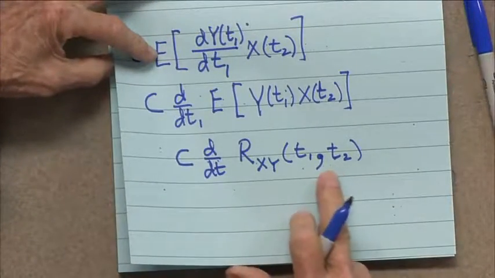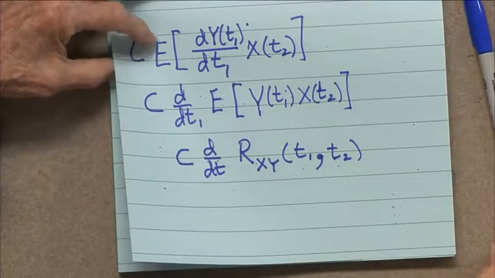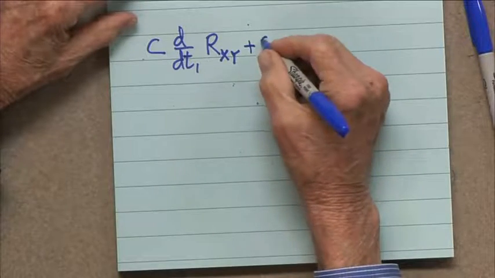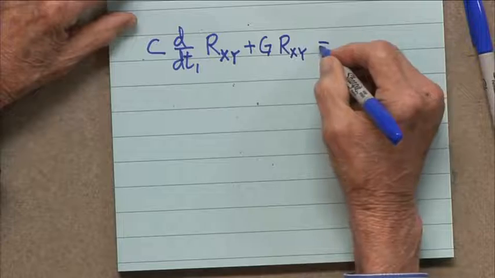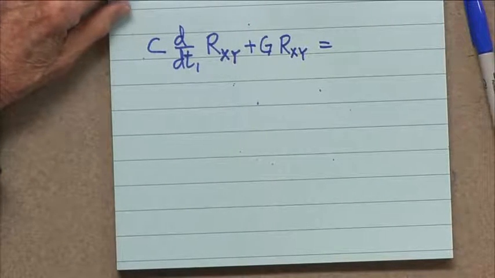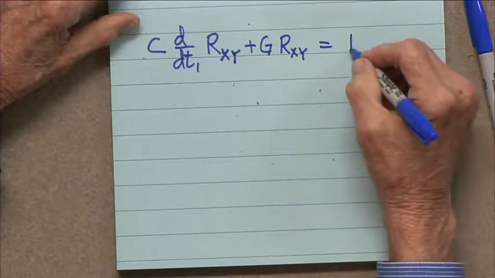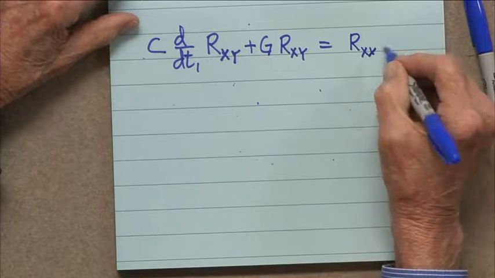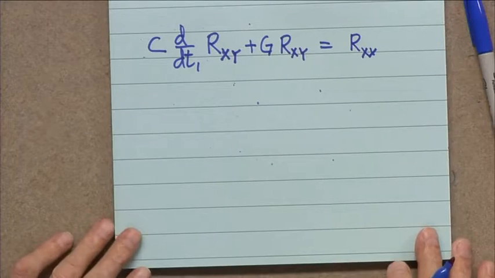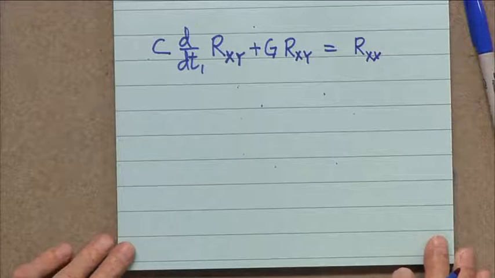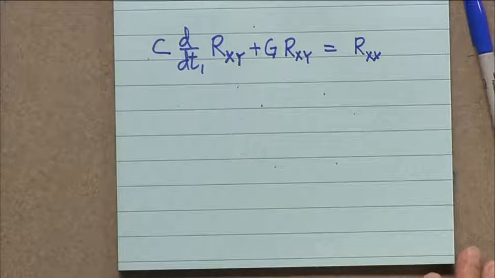We know what the variables are, t1 and t2, plus g times rxy is equal to the autocorrelation function, Rxx, t1, t2. Can we solve that differential equation?